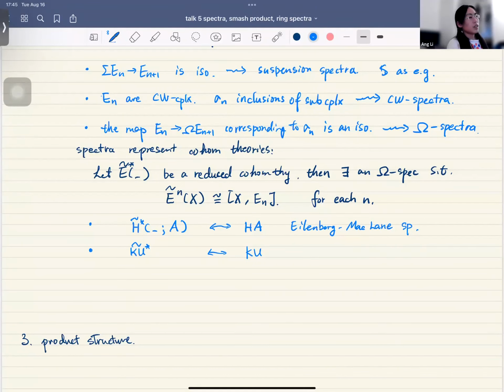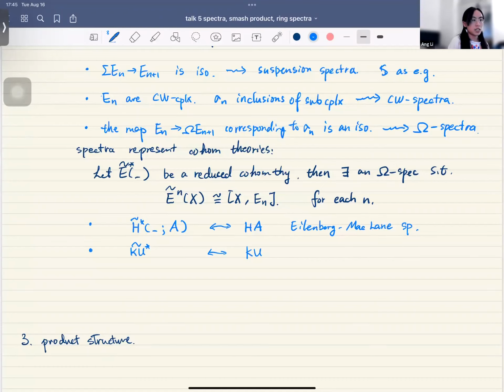Okay, so we can see that there are strong connections between cohomology theories and spectra. But so far, our notion of spectra is not a one-to-one correspondence. The spectra have more, in the sense that if you have a map of spectra that is not zero, it could be zero in the cohomology theory.